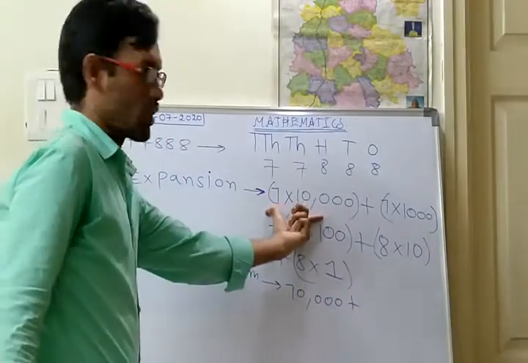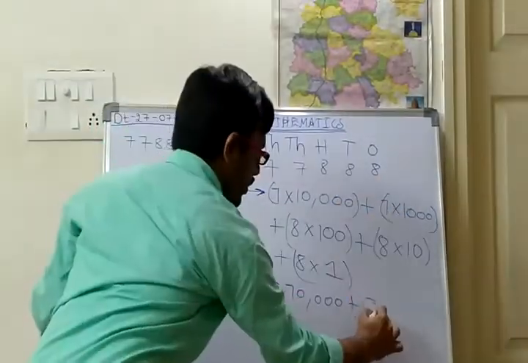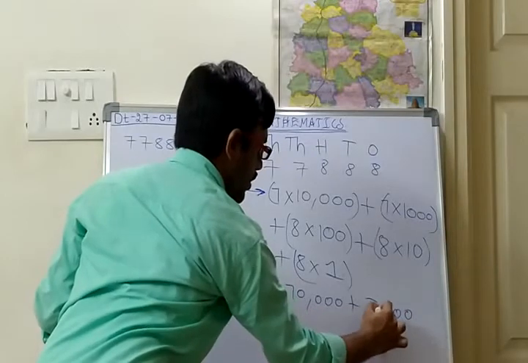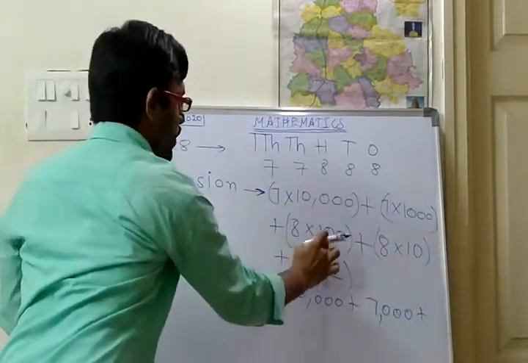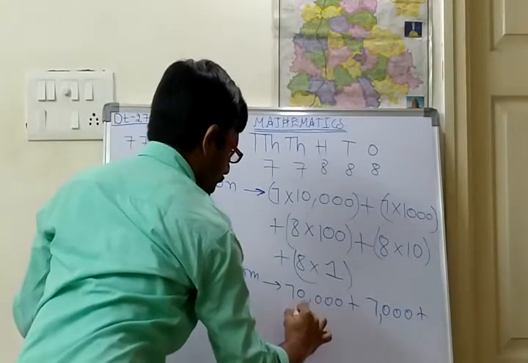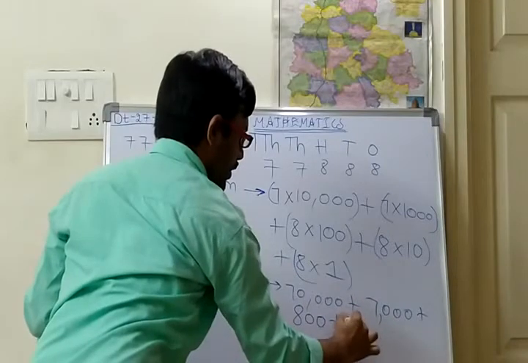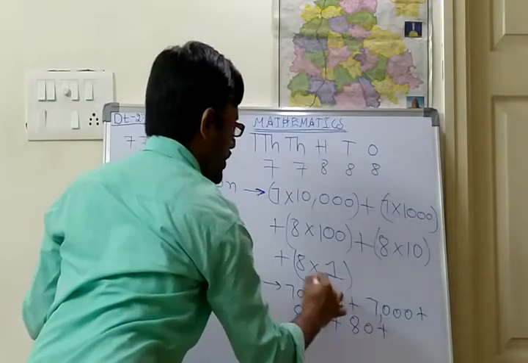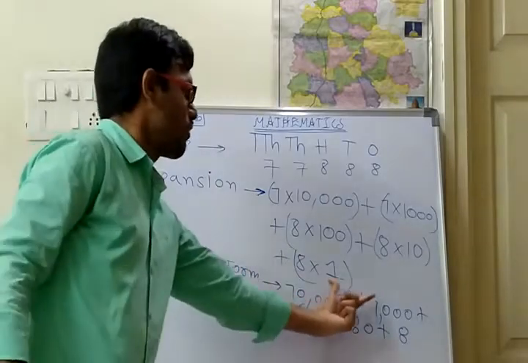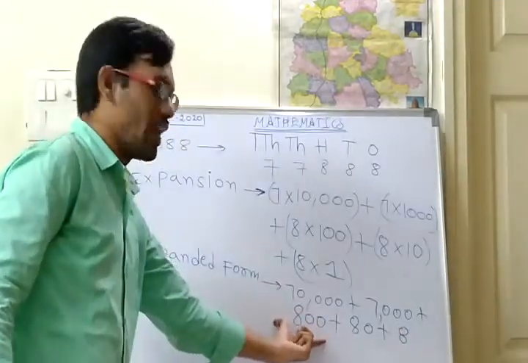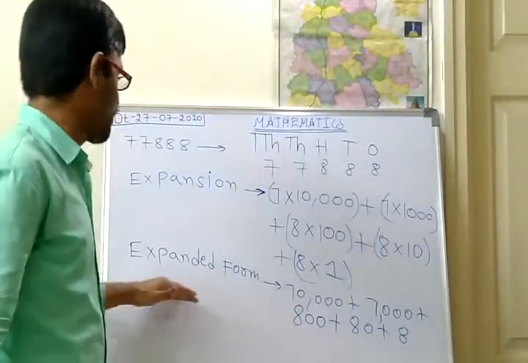Next, plus 7 into 1,000, 7,000. So these two are completed. Next, 8 into 100, 800, plus 8 into 10, 80, plus 8 into 1, 8. So 70,000 plus 7,000 plus 800 plus 80 plus 8. This is the expanded form for this number.